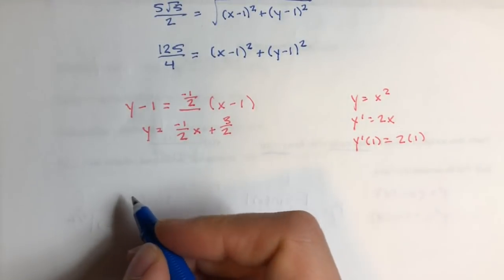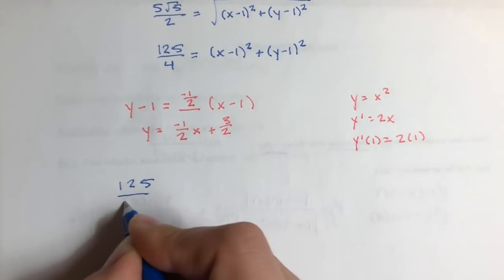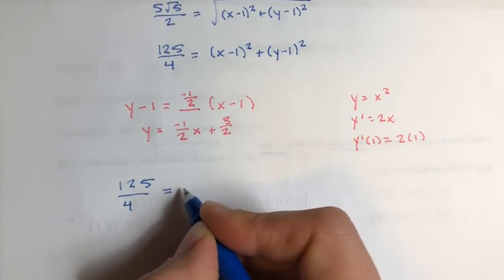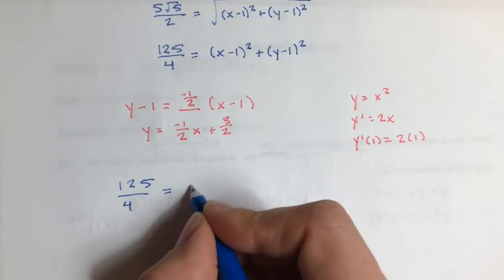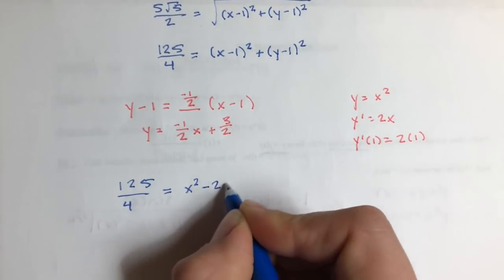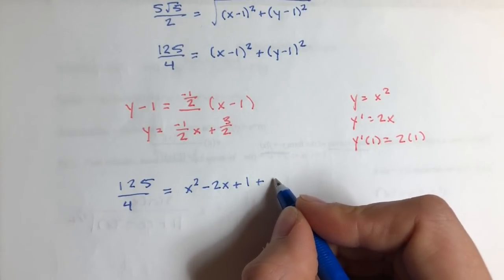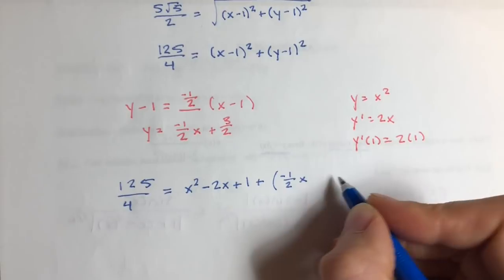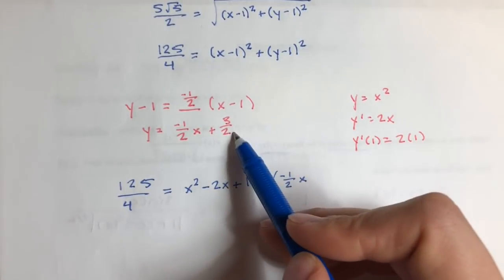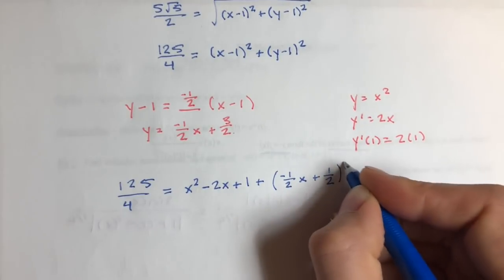So I'll have that 125 over 4 will be equal to, and I'm going to want to FOIL this out because I want to solve for x. So x squared minus 2x plus 1 plus, here's where it's going to get fun, negative 1/2 x, so minus 1 plus 3/2, so plus 1/2, squared.